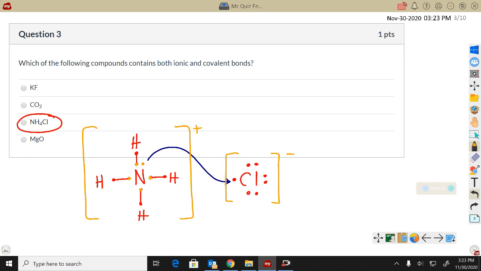Now, in general, often ionic bonds are metal bonded to nonmetal. And in general, covalents are often all nonmetals.